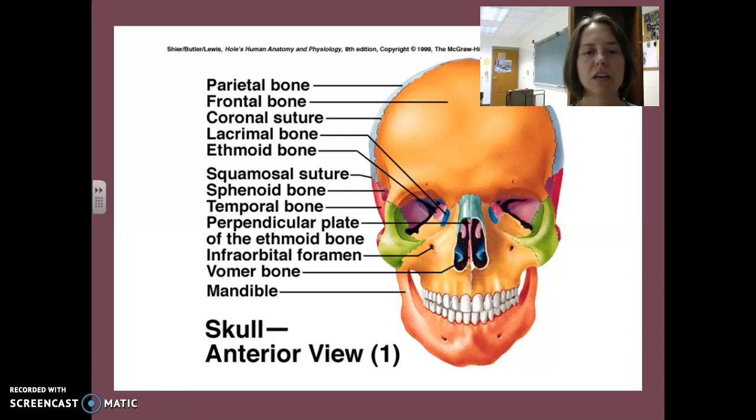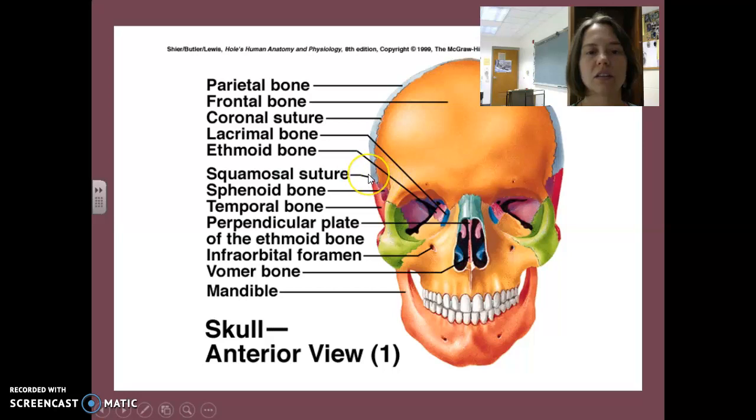And then also we have the lacrimal bones, and a review of some of our cranial bones. Frontal bone, parietal bone, the temporal bone is peeking out there, as well as the sphenoid bone and the ethmoid bone. And then there are some sutures.